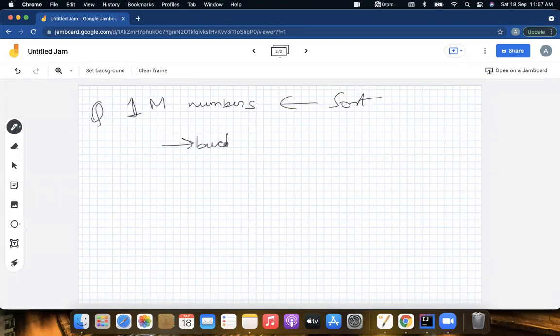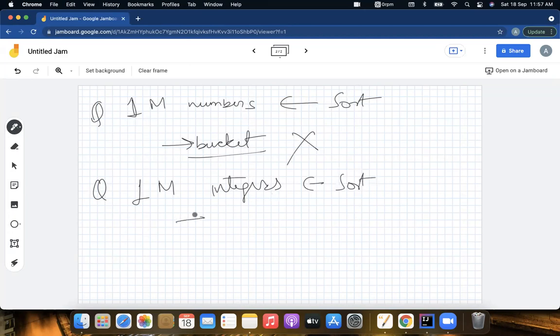Yes or no? No. Correct answer. Anybody else who thinks we can use bucket sort to sort 1 million numbers? No. Okay. Another question: to sort 1 million integers, would you use bucket sort now?